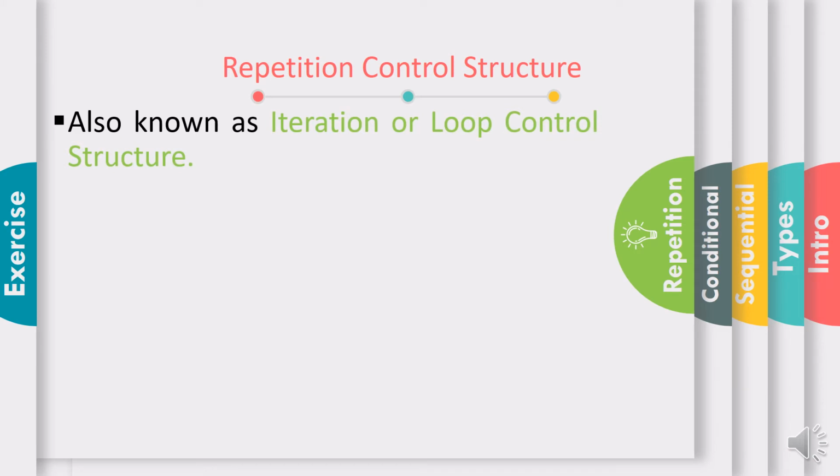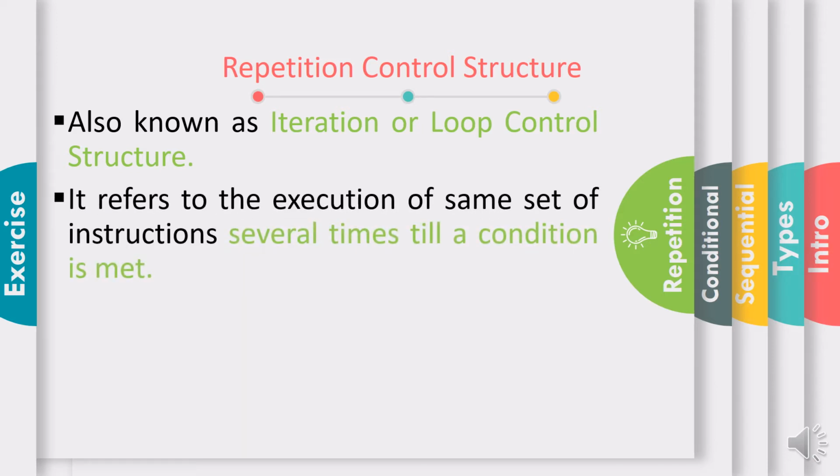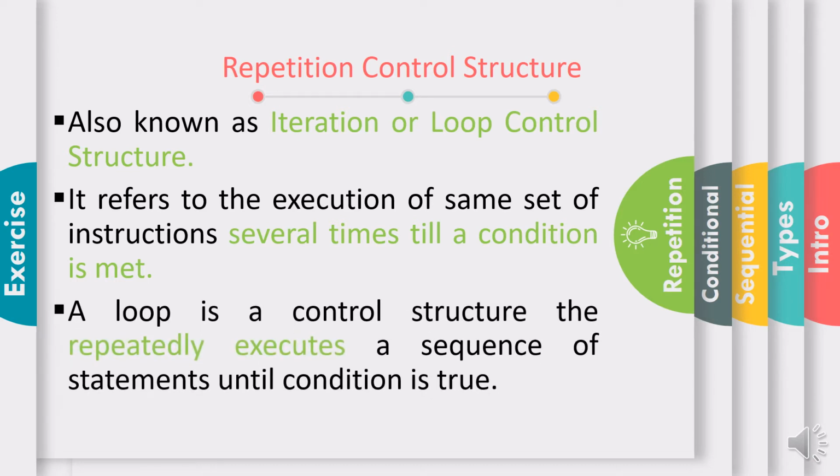Repetition control structures are also known as iteration or loop control structures. It refers to the execution of the same set of instructions several times till a condition is met or a condition is true. A loop is a control structure that repeatedly executes a sequence of statements while the condition remains true.